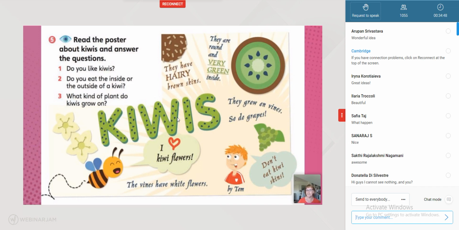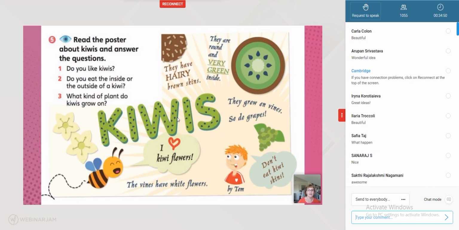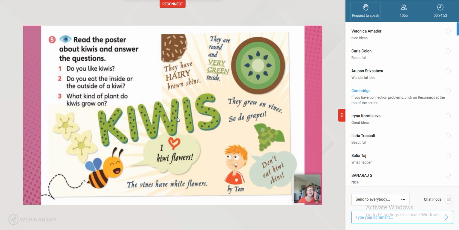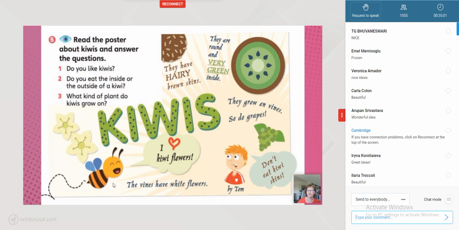An infographic isn't at the moment. It might appear in the future, who knows? So we've got an infographic about kiwis, and you can see I've got a mixture of text and visuals. I actually prefer my typegram that I sent to Cambridge to this one on the page, but that's just my opinion.